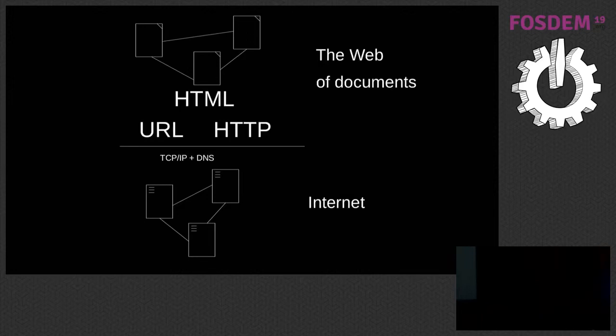On top of that, you have URLs, HTTP, and HTML that provide a network of documents. So on top of the network of computers, using the names of the computers, the DNS, you can name the documents and have a network of documents. That's the web you know, right?